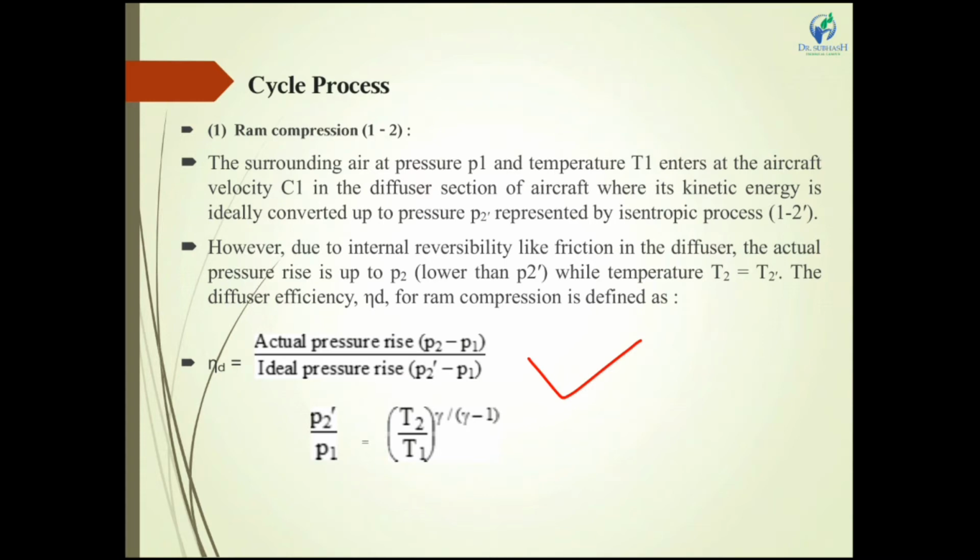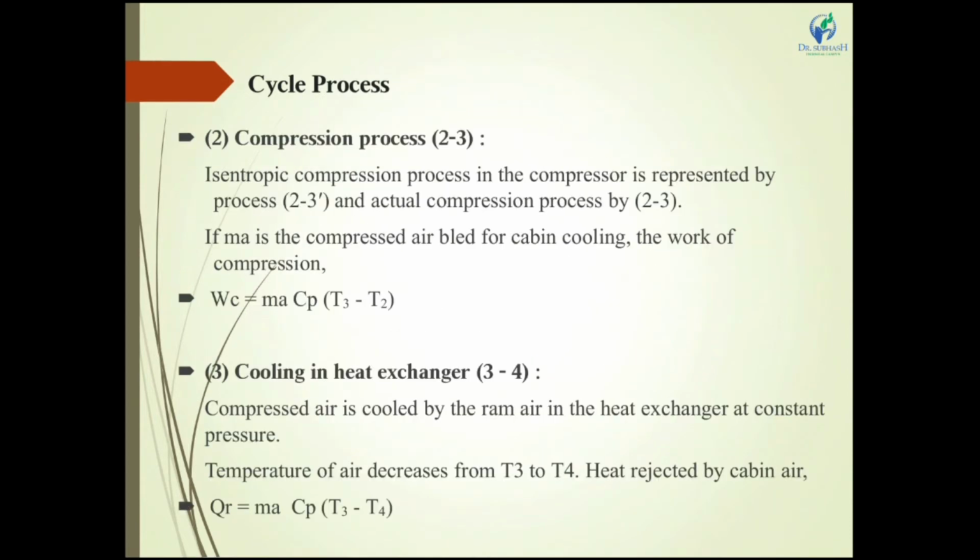For an isentropic process, we write P2 divided by P1 is equal to T2 divided by T1 raised to gamma divided by gamma minus 1. But here we use the lower pressure, and the ideal is P2 dash. So in this equation, P2 dash divided by P1 is equal to T2 divided by T1 raised to gamma upon gamma minus 1 for ram compression.